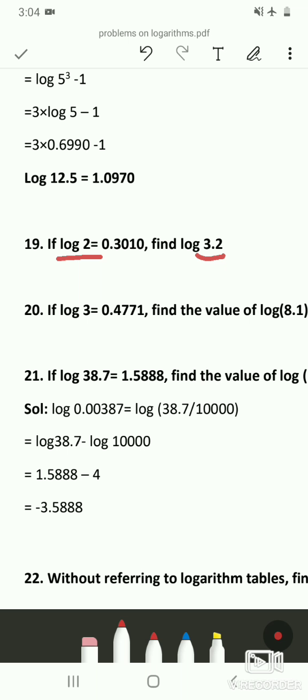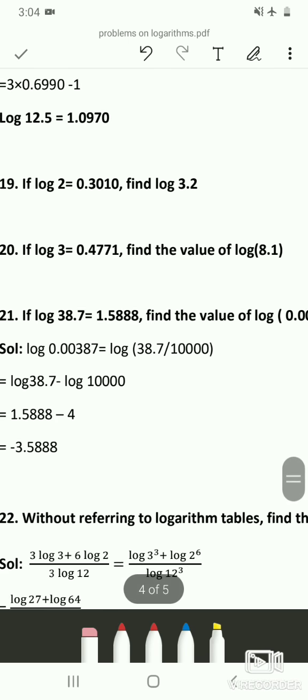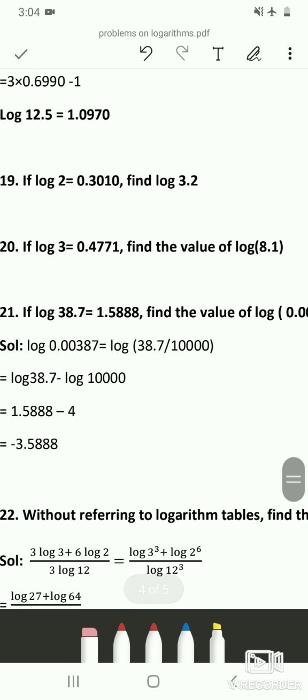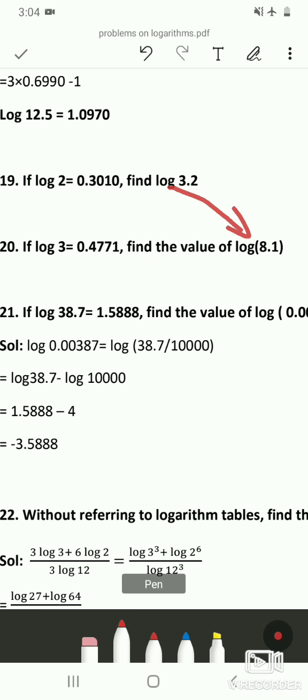So 3.2 can be written as 32 upon 10, and 2 raised to 5 is 32. So using these you try to simplify this problem. So the next question is, if log 3 is equal to 0.4771, then find the value of log 81. So just like this problem, try to solve the 20th problem.